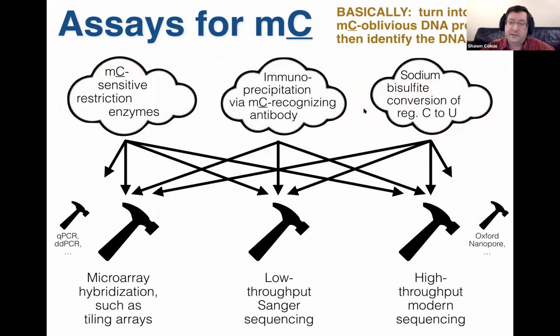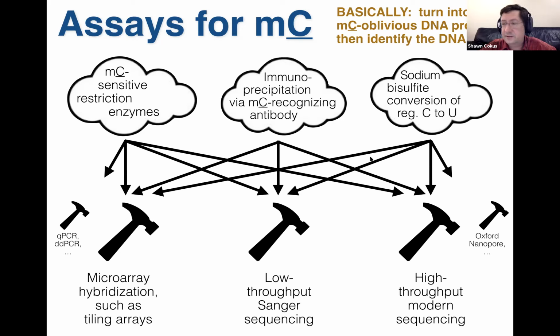Okay, so how are we going to measure these things? Well, basically, the options, including before the current situation, look pretty much like this. The basic plan was to turn the problem of measuring possibly methylated, possibly not methylated DNA into some problem that doesn't depend on knowing that difference, and then transform the DNA in some way that's sensitive to the methylation state, and then identify the transformed DNA. Because we have so many technologies for identifying DNA, just ACGT stuff. So the three main things that people used to do the transformation were methylation sensitive restriction enzymes.